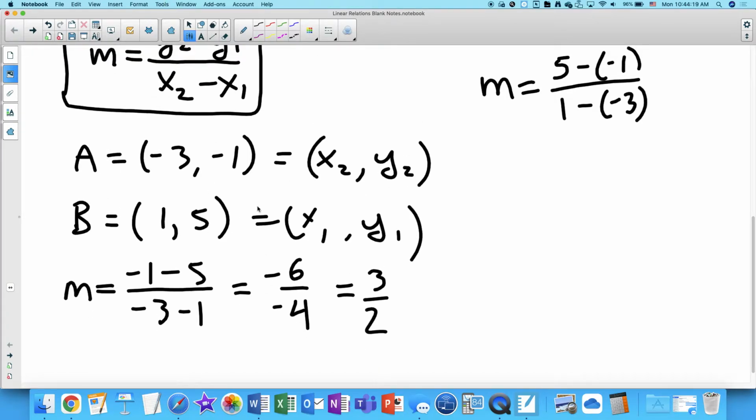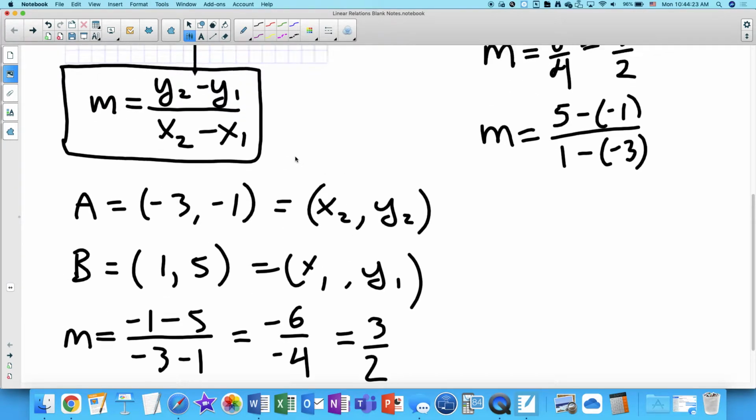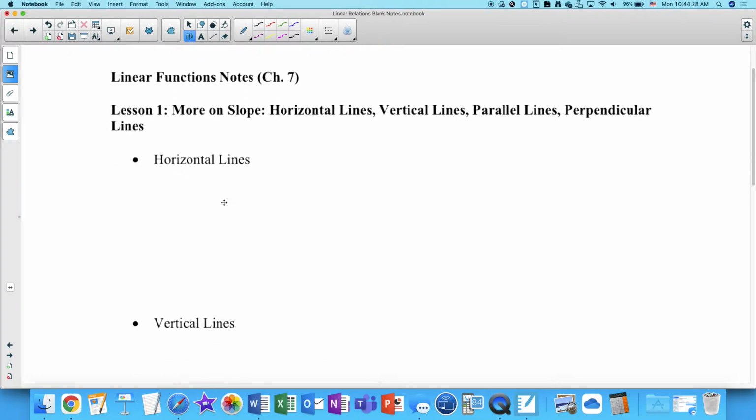We're going to be using this formula a lot today, because we're going to be looking at different types of lines. We're going to be looking at horizontal lines, vertical lines, and then for the most part, parallel and perpendicular lines.